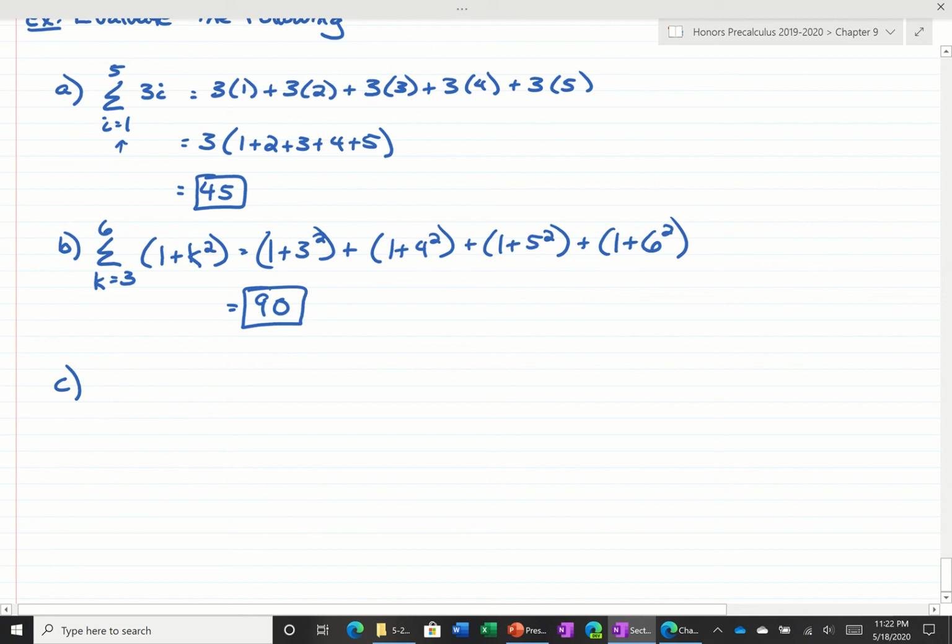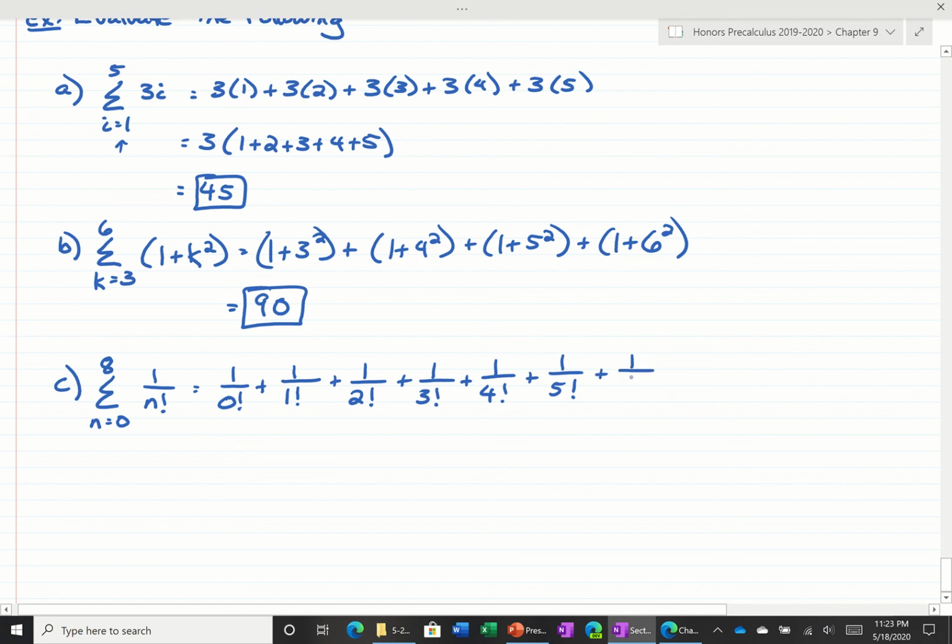And then the third one says, how about the sum from n equals 0 to 8 of 1 over n factorial. So we're going to do 1 over 0 factorial plus 1 over 1 factorial, 1 over 2 factorial, 1 over 3 factorial, 1 over 4 factorial, 1 over 5 factorial, 1 over 6 factorial, 1 over 7 factorial, and 1 over 8 factorial.